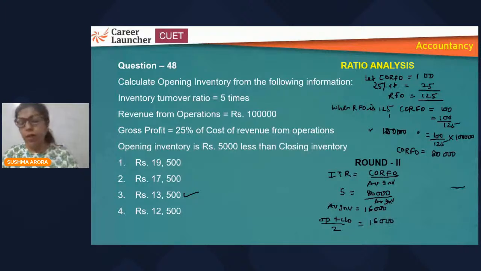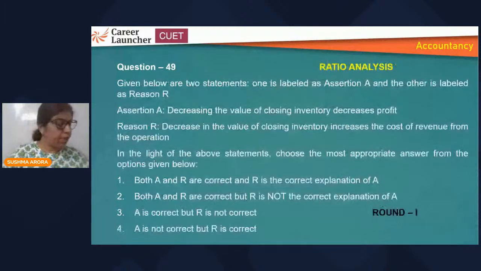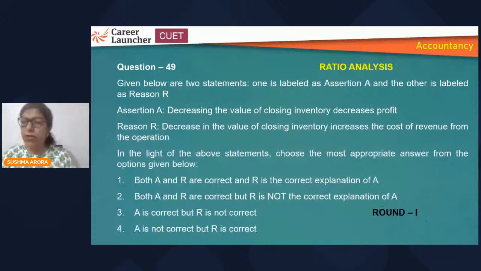Okay, children. Now, 49th question. Very good question, according to my opinion. Decreasing the value of inventory decreases profit. Yes, children, if the closing inventory is decreasing, the profit will also be decreased. Same. Next reason. What is the reason? Decrease in the value of closing inventory increases the cost of revenue from operation.